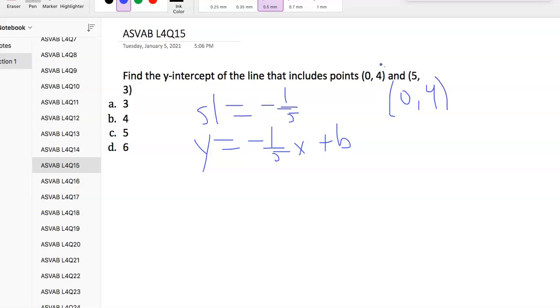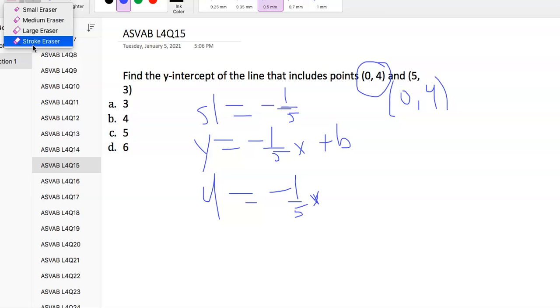So then what we would have is 4 equals negative 1/5 times x, where x is 0, plus b.